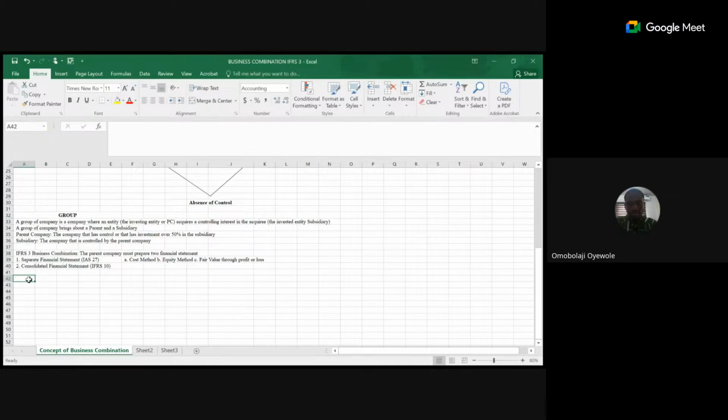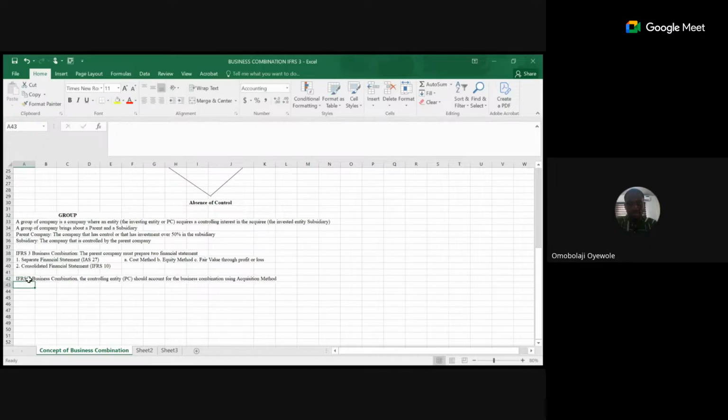Now, according to IFRS 3 Business Combination, IFRS 3 says that the controlling entity, which is known as the parent company, should account for the business combination using the acquisition method.